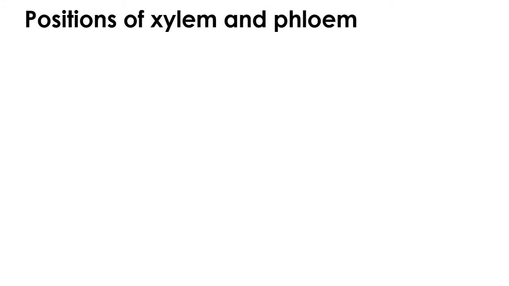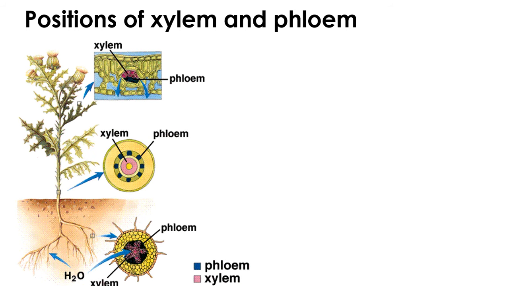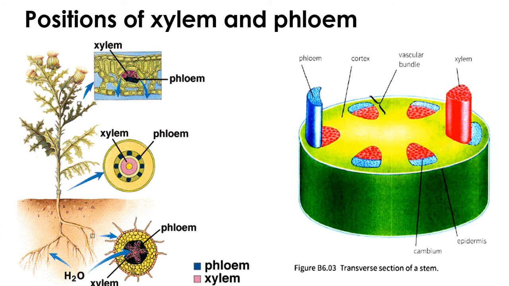Now, where can you find xylem and phloem in the roots, stems, and the leaves? Let us start with the stem. The stem is surrounded by xylem and phloem, but we should always remember that the xylem is always found inside and the phloem is always found outside on the rim.